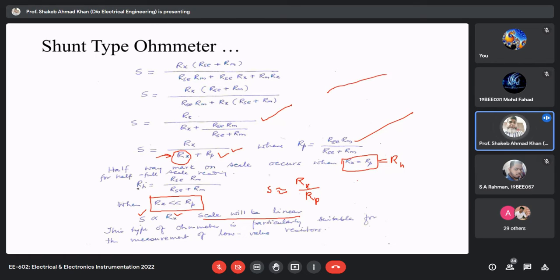You must have seen the scales of different meters, that sometimes you'll find your divisions are equal throughout the scale. This kind of scale is called a uniform scale.